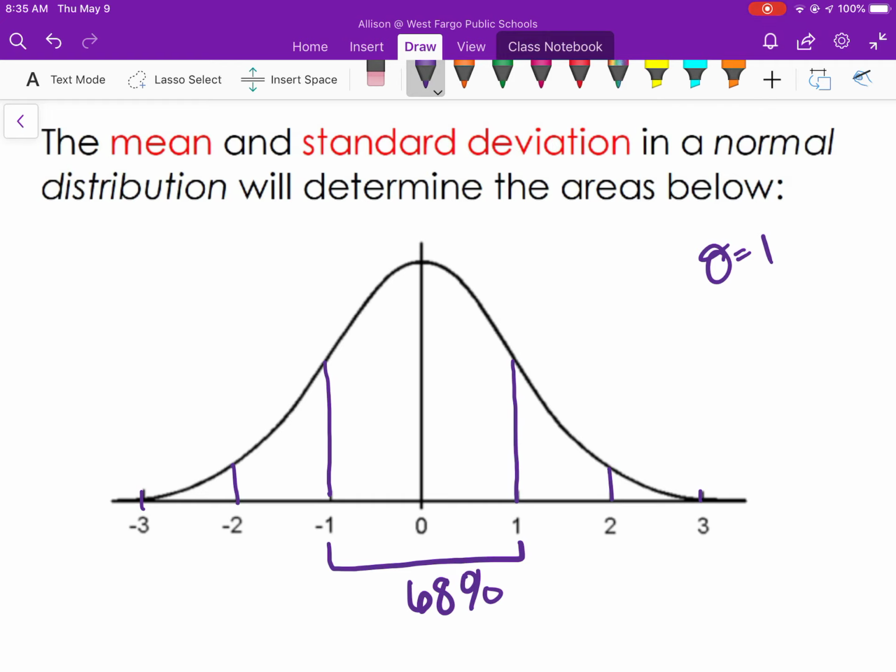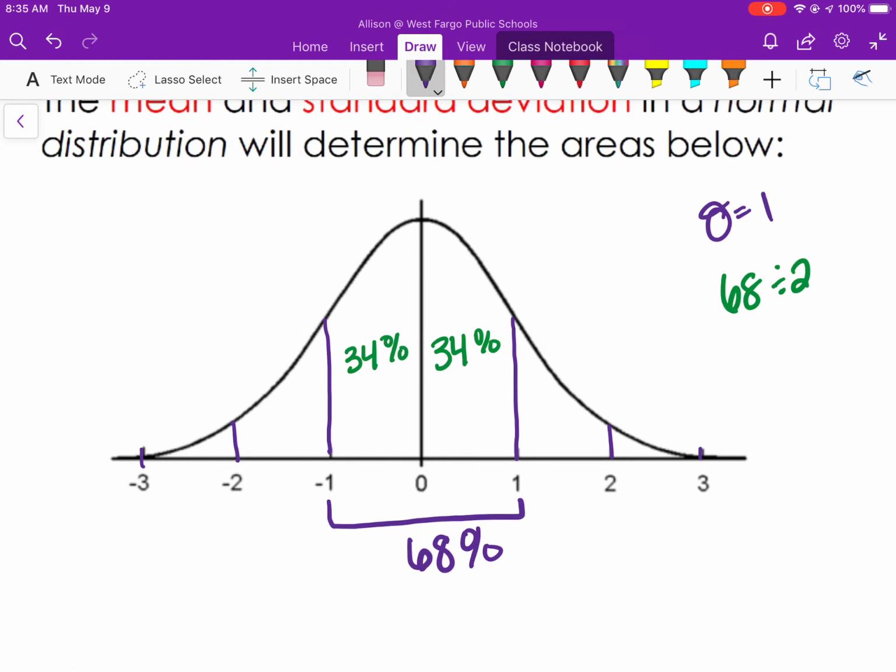So one standard deviation. And then I get the percents in each area under the curve by taking the 68 and dividing it by 2. That's where I get 34% to the right and 34% to the left. And then 95% of the data lies within two standard deviations of the mean, so between 2 and -2 if the standard deviation is 1 and the mean is 0.